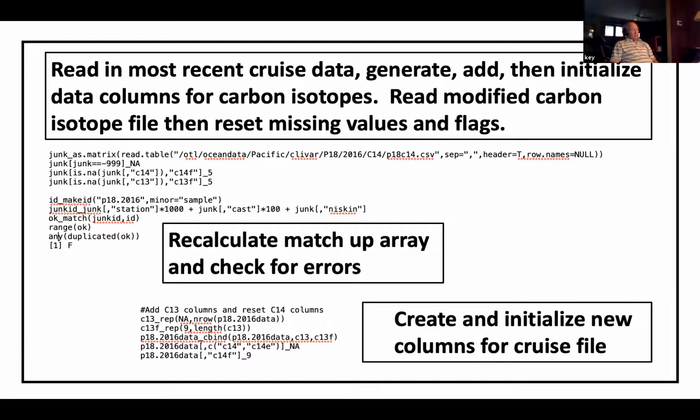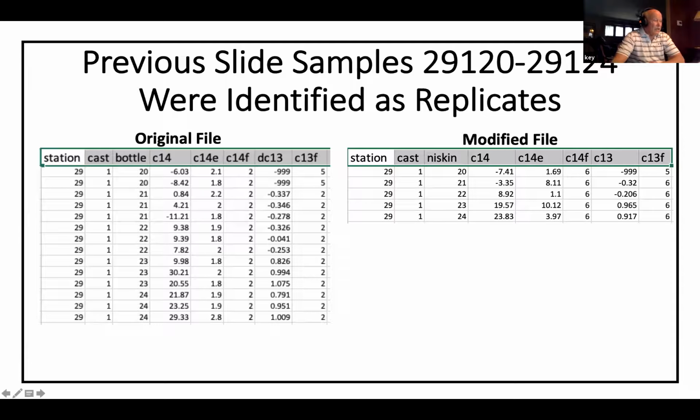Now this part is sort of optional if you're generating a lot of samples the way that we have over the years. Let me back up just a bit. I could take this entire file and submit it to the various data centers and trust them to then merge it into the cruise file.